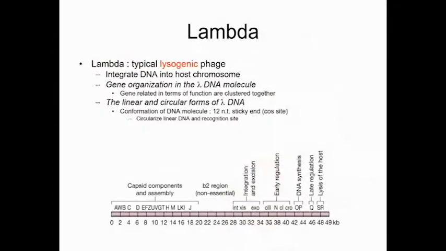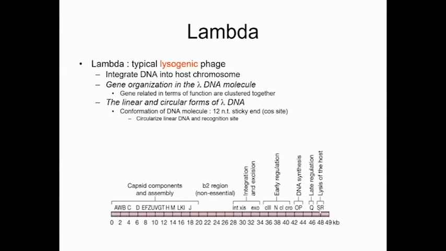That's right. So the typical one that people use is lambda DNA, right? And it's a typical lysogenic phage. They can integrate the DNA into the host chromosome. And the gene organization, the lambda DNA molecule is like this. The DNA molecule is 49 kilobase pairs long.